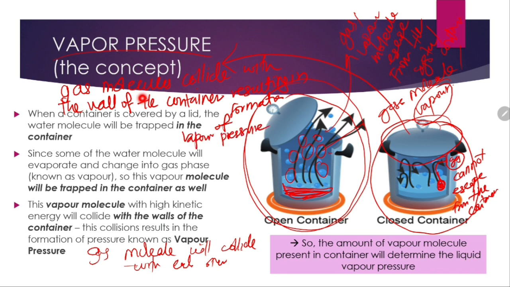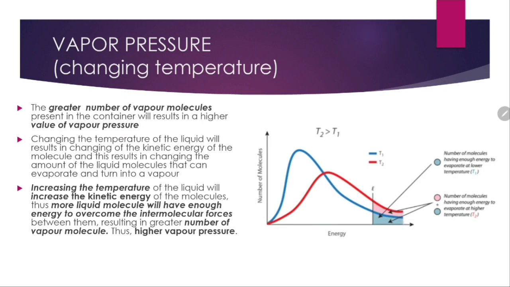The larger the amount of vapor molecules present in the closed container, the higher the vapor pressure in the container will be. So the amount of vapor molecules present in the container will determine the liquid's vapor pressure. Moving on to the next page.